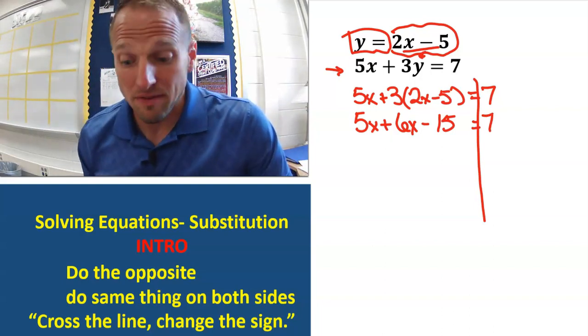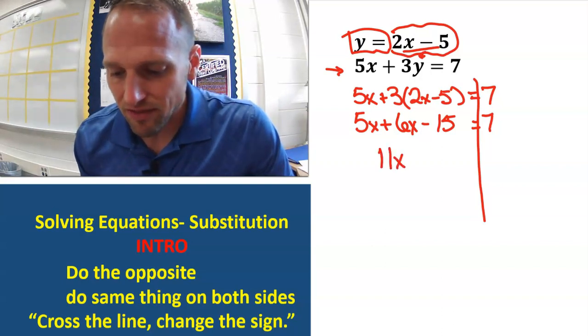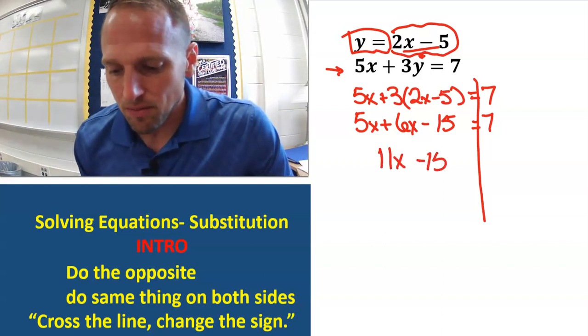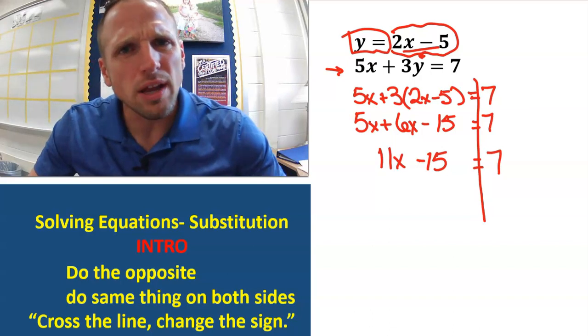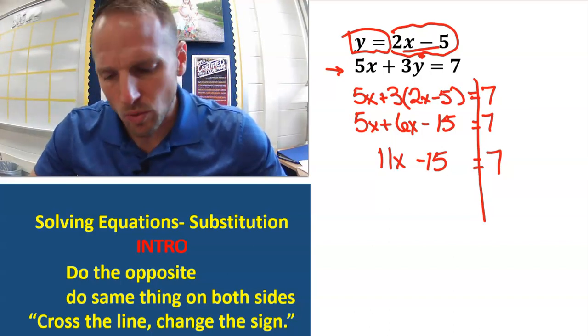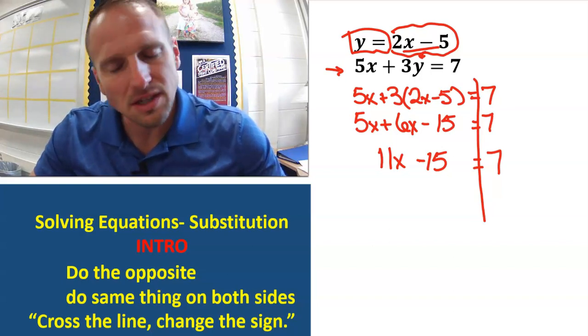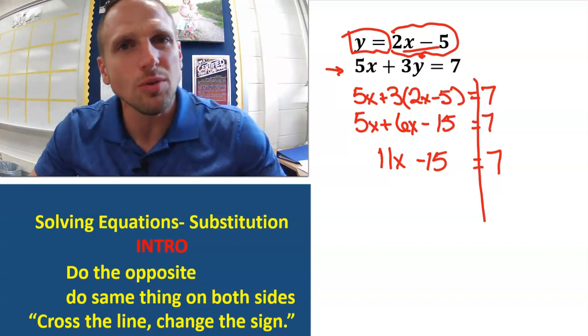Combine like terms: I've got a 5x and a 6x, so that's 11x minus 15 equals 7. By the way, just a pause here. When we bring that 6x over with the 5x, why don't we change that to a negative?